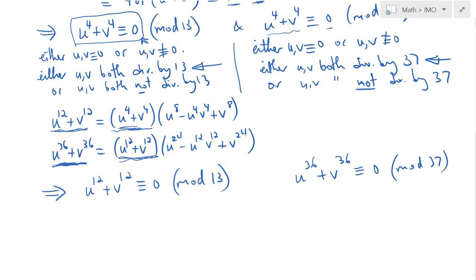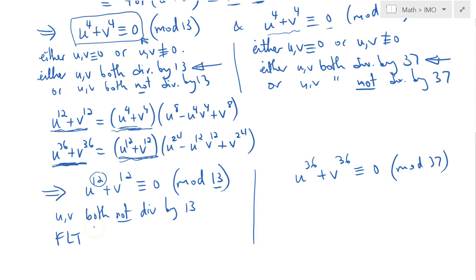Okay, so let's focus on the first side, the left hand side. So let's first consider the alternative. If u and v are both not divisible by 13, what it implies is that if you apply Fermat's Little theorem, so 13 is a prime, 13 minus 1, 12.